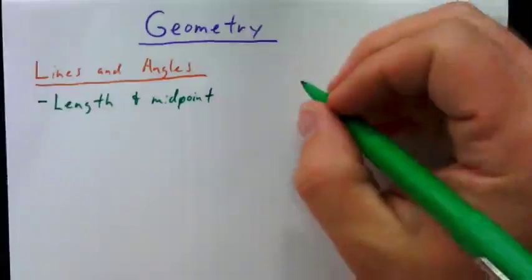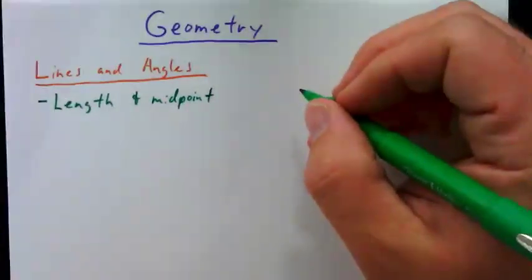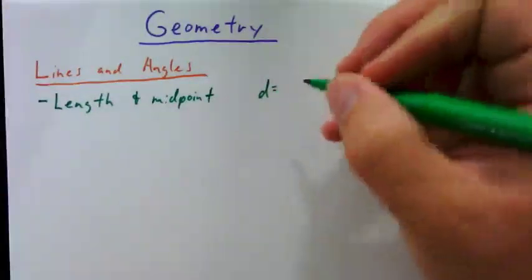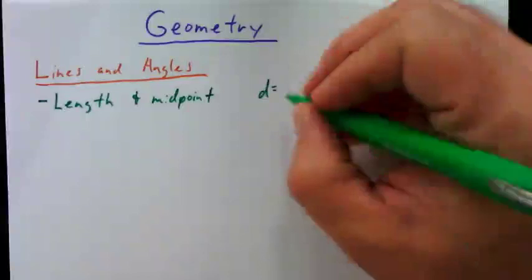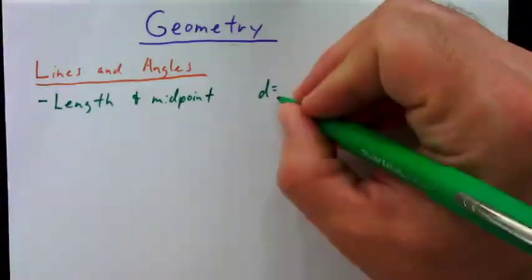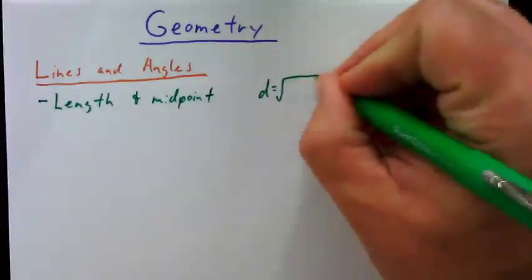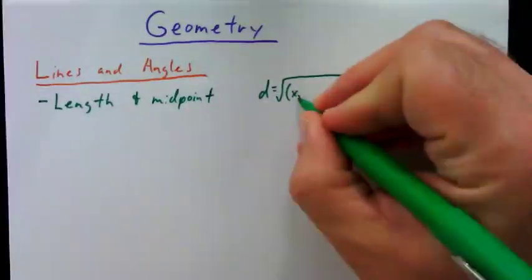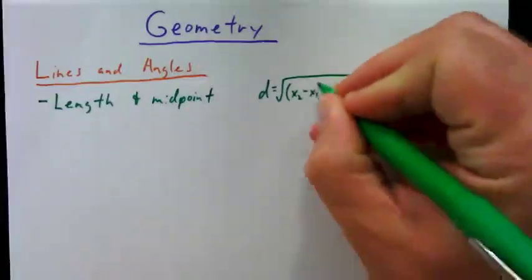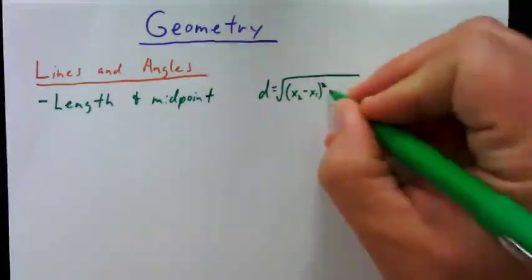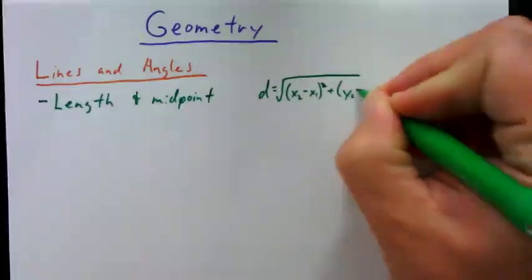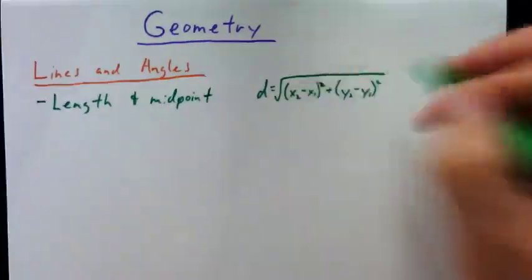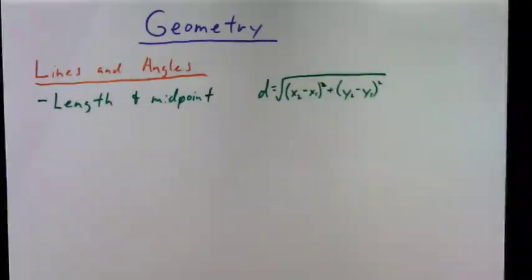So, like the distance between 2 points gives you the length of a segment. So we're going to use our distance formula. Now, that's overlap from algebra. And again, most of our topics up to this point have been based on algebra. So, distance formula, x2 minus x1 squared plus y2 minus y1 squared. And that's all underneath a radical. And that gives us the distance.